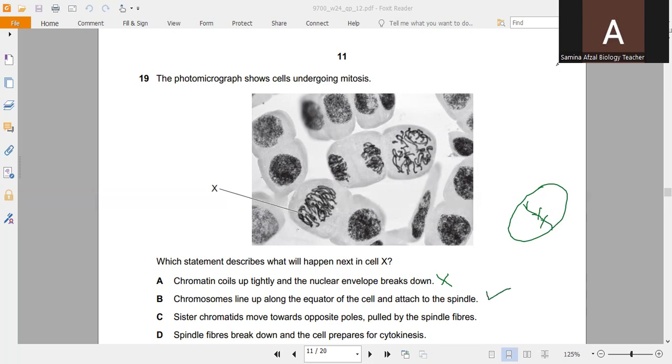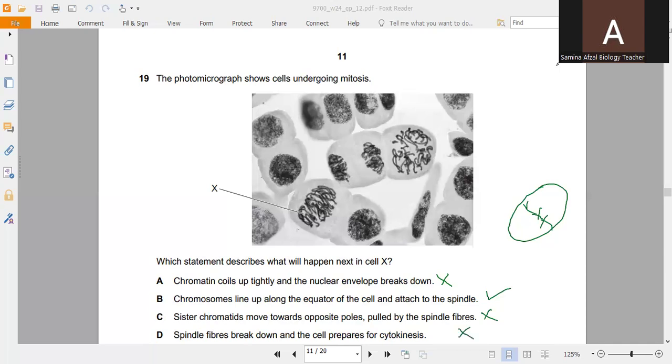Sister chromatids move towards the opposite poles. They are talking about anaphase, in which the chromatids are separated at the centromere and move towards the opposite poles. So this is not the correct statement. Spindle fibers break down and the cell prepares for cytokinesis.